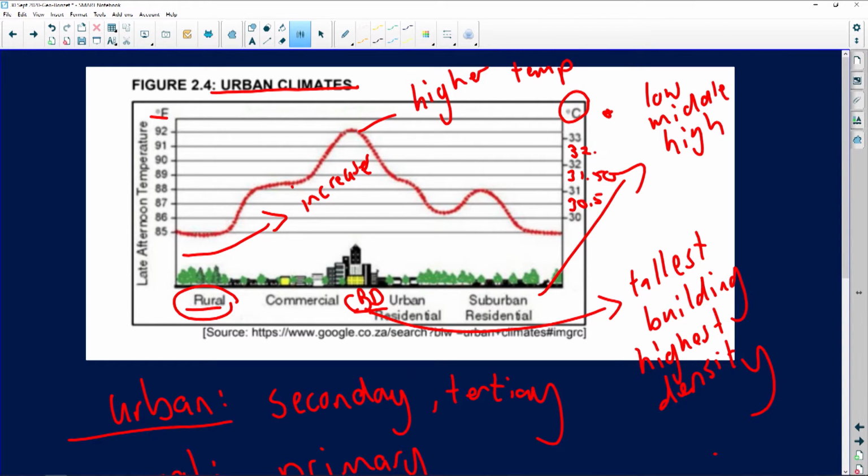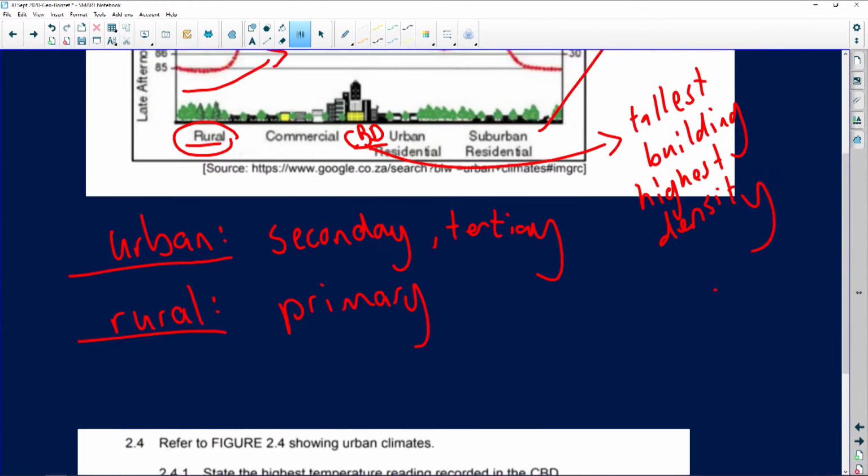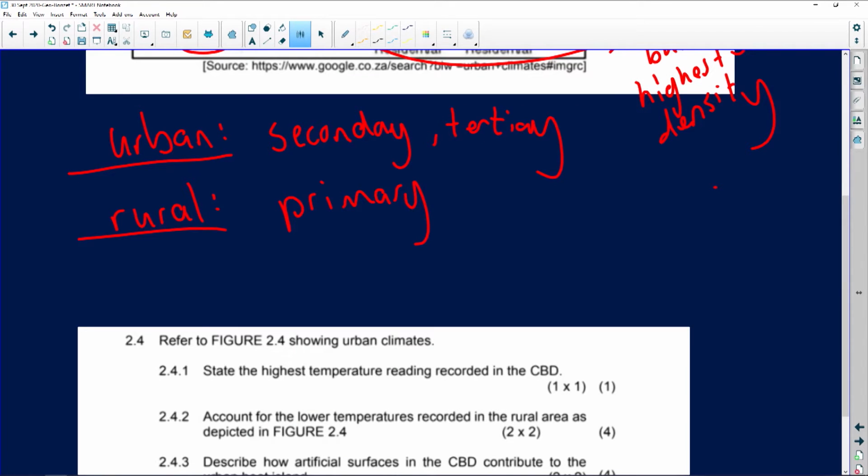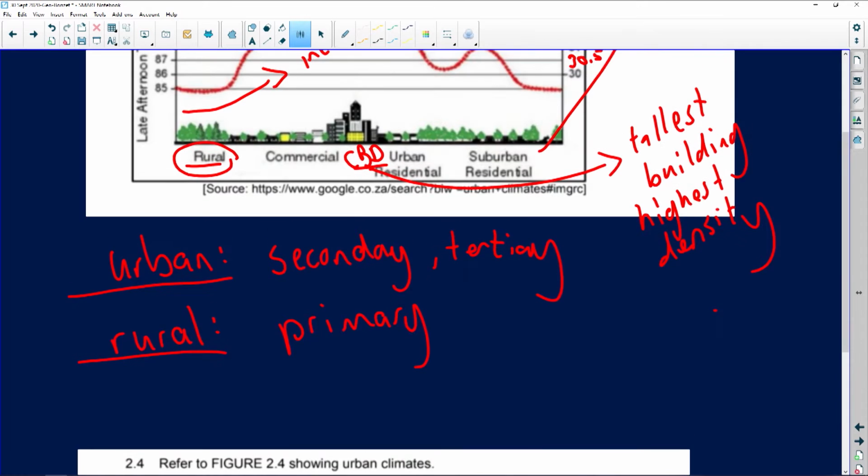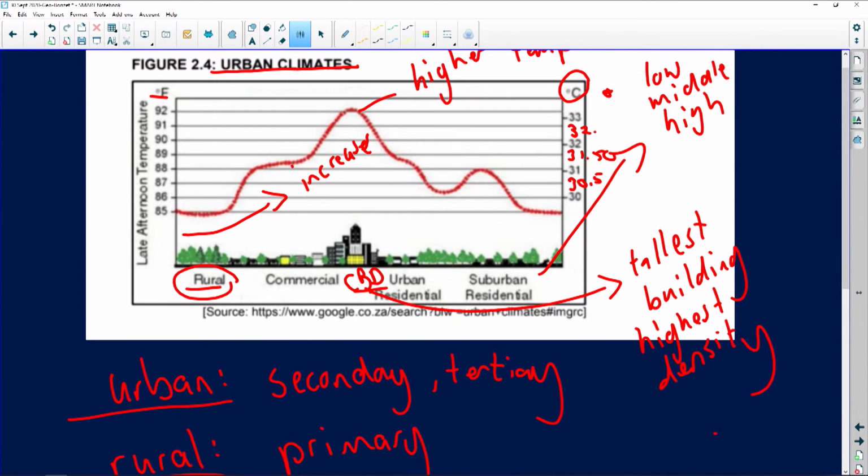So if you look at this graph, it shows just a little bit above 33 degrees. So I'm going to mention 33.5 degrees Celsius. So the correct answer for 2.4.1 will be 33,5 degrees Celsius. Okay, how did I manage to get the answer? The actual heat represented in this line graph, and you just read the information from your x-axis on your right-hand side.